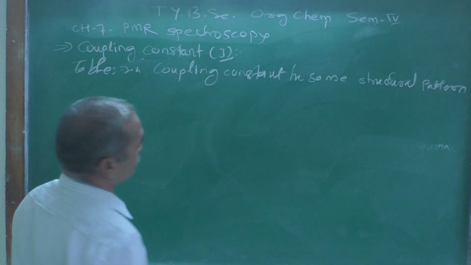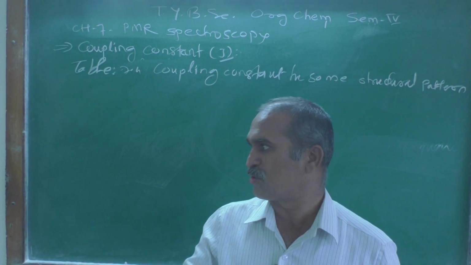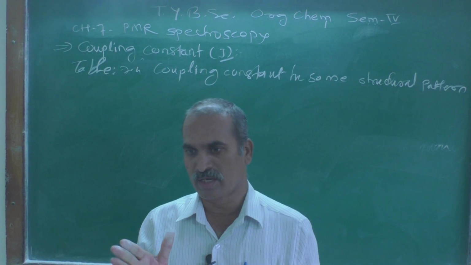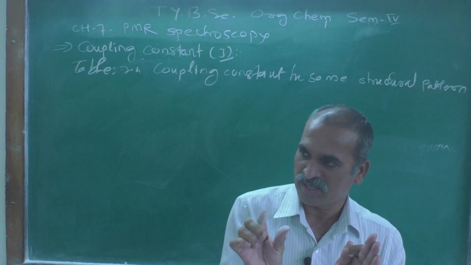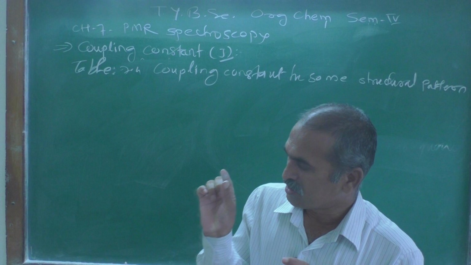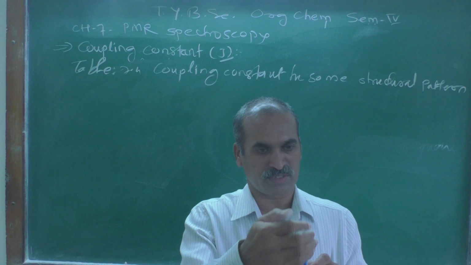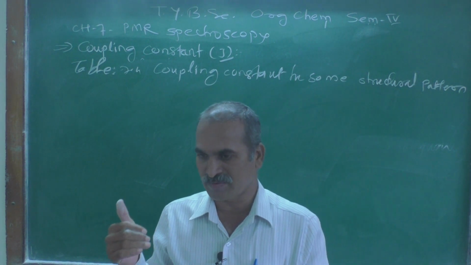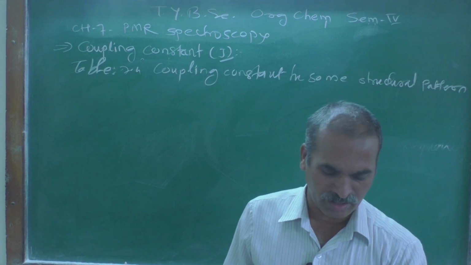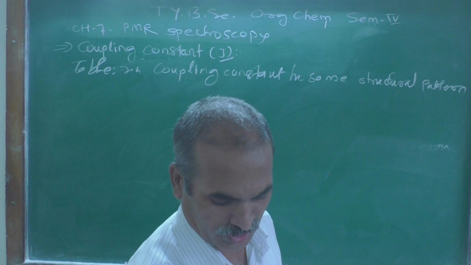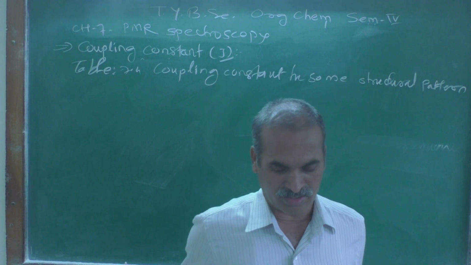Here are the coupling constants for some structural patterns, because in stereochemistry, as we know, stereo means solid, the arrangement of atoms in space is fixed, and depending upon that stereochemistry, the physical property as well as chemical property is fixed, depending upon the arrangement or orientation of the atoms in space.